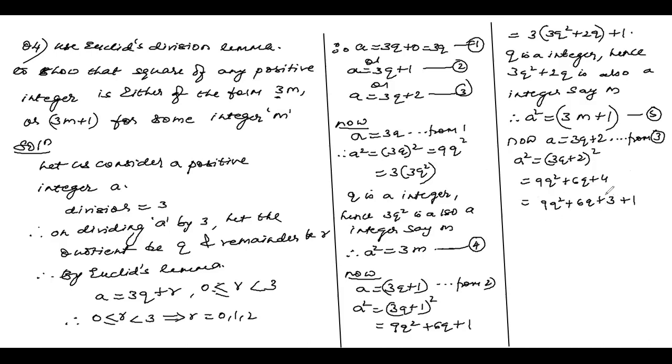Because 3 becomes common and it will be an integer. Now you see 3. So this will become 3Q square plus 2Q plus 1 plus 1.